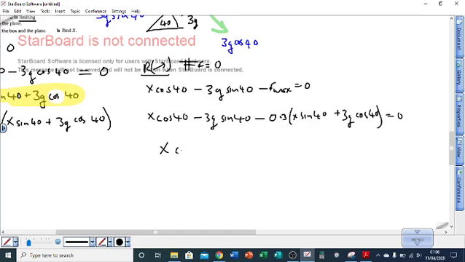So I've got X cos 40, and that times that contains an X, so it's minus 0.3 X sin 40 equals, that is going to be thrown over to give you 3g sin 40, and that times that is going to be negative, but once it gets thrown over, it gets positive, and 3 lots of 0.3 is 0.9 lots of g cos 40.